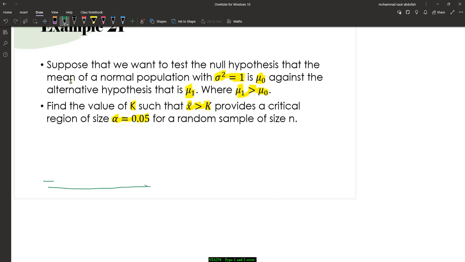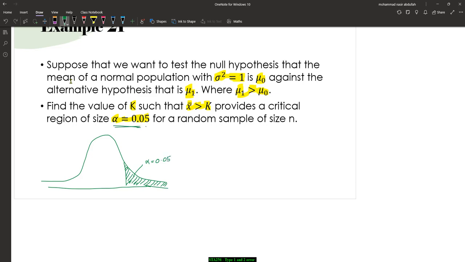Boleh lah. So this is the value of rejection area, right? Rejection area. So this is our alpha region kan. Alpha is equal to 0.05. So dia dah bagi dekat kita alpha.